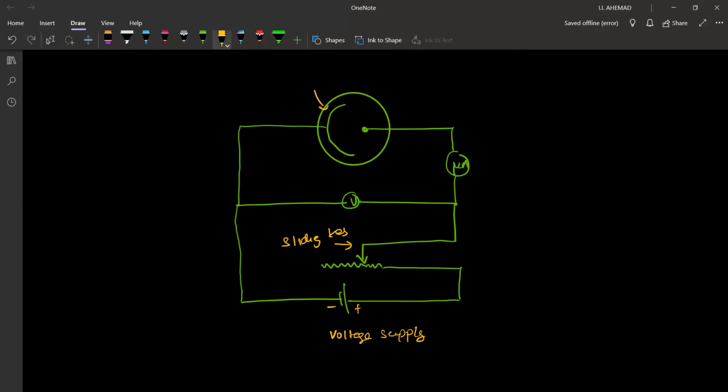Again, this is the cathode, anode, and electromagnetic radiation, and photoelectrons.